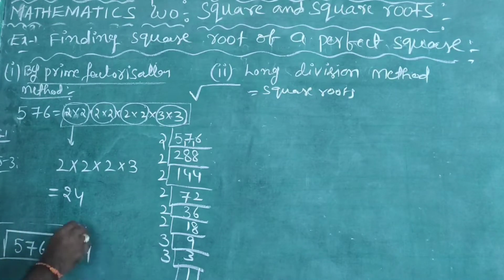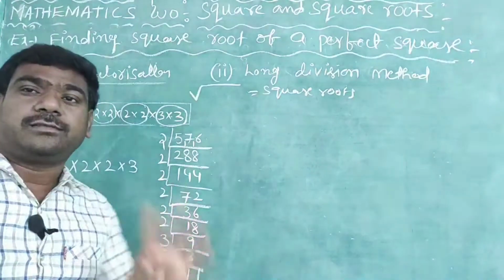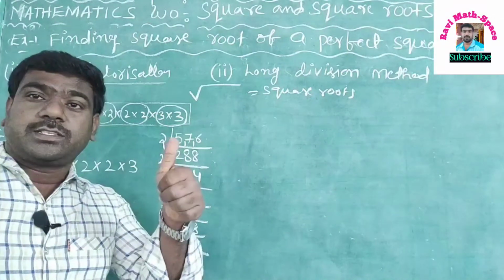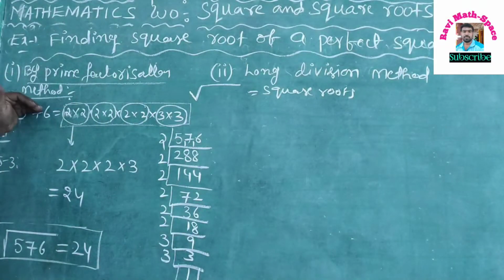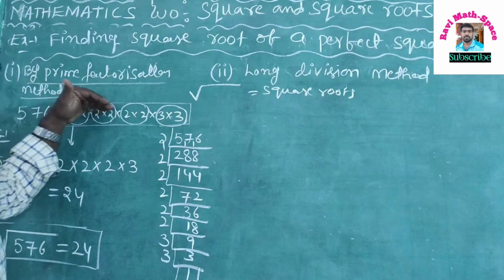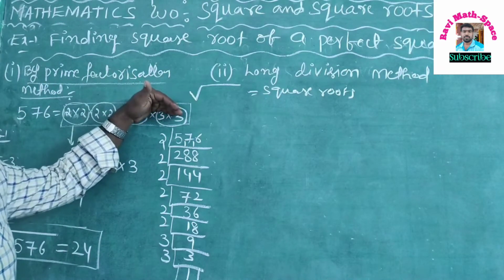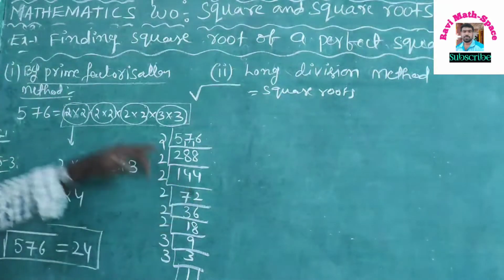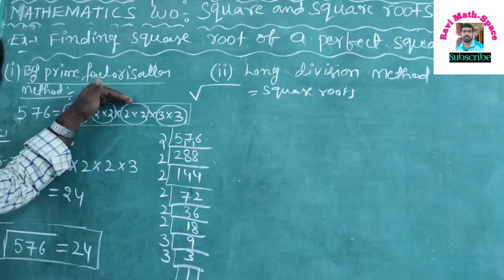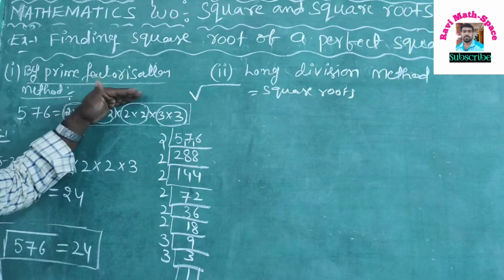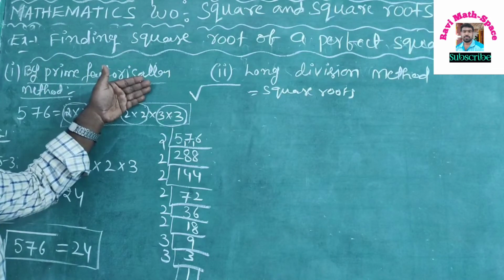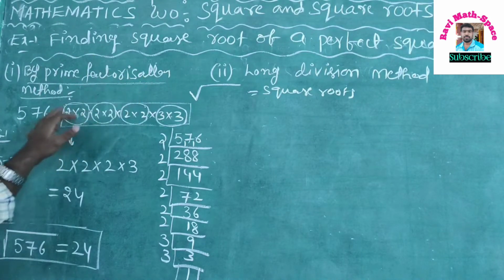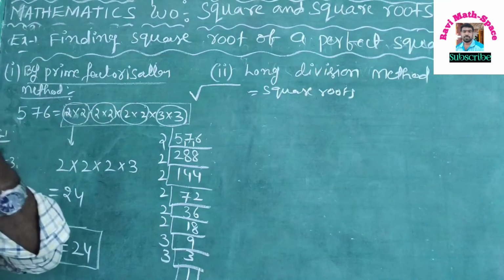This is the answer. How to get the answer by using prime factorization? 4 steps. First step: represent the given number as a product of its prime factors by using the long division method or factor tree method. Next, after representing the product of prime factors, make them equal pairs. So I made here equal pairs.